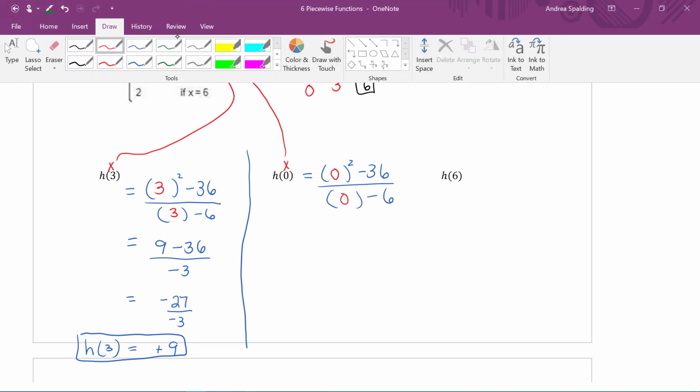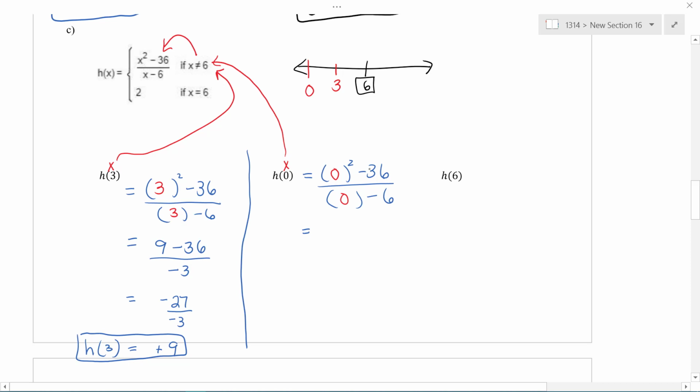Okay, let's simplify. 0 squared is 0. So at the top now I have 0 minus 36 over 0 minus 6. 0 minus 6 is just negative 6. Remember, we're going to simplify top and bottom separately before we do anything else. So at the top I get 0 minus 36, which is a negative 36.